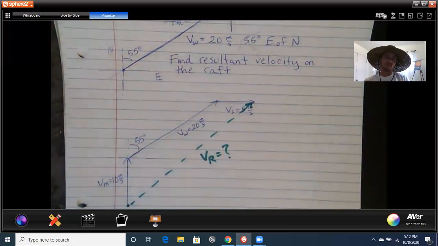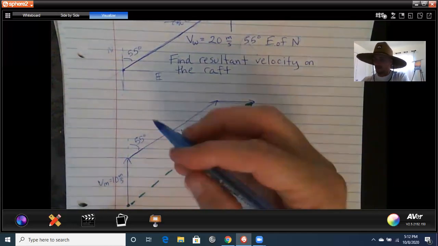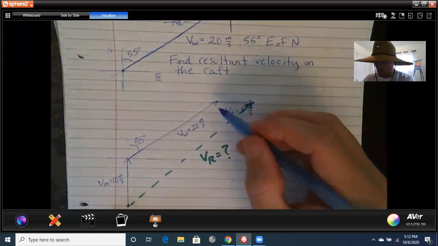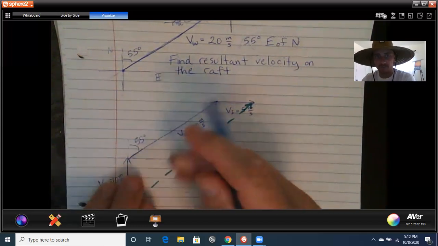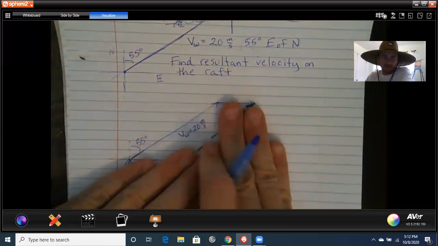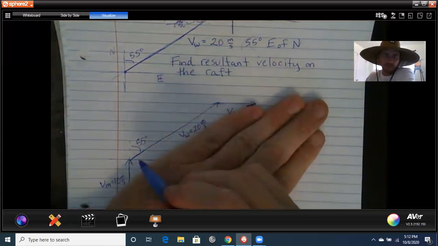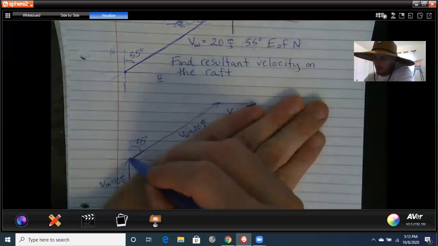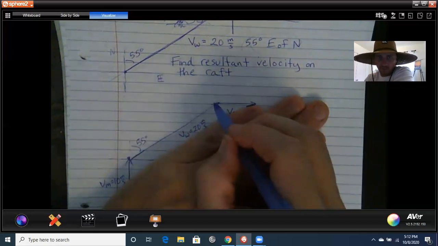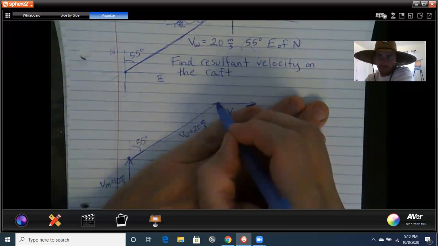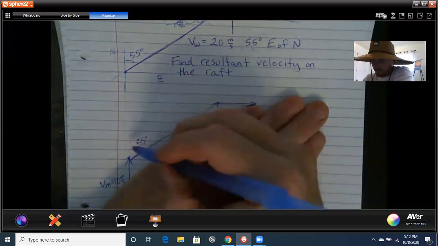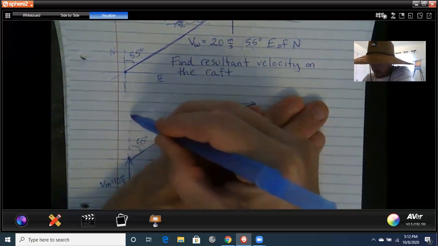Now, how do you break something into components? You look at the vector you're trying to break into components. You start at its tail. So again, all these other vectors don't exist right now. All we're looking at is this 20. That's all we care about. Start at the tail of 20. And from its tail, you must work your way to the head of that 20 by moving up, down, left, or right. Well, let's move up first. That way we're not running into anything.